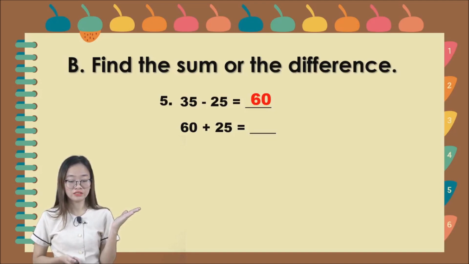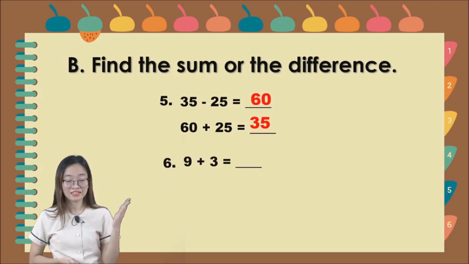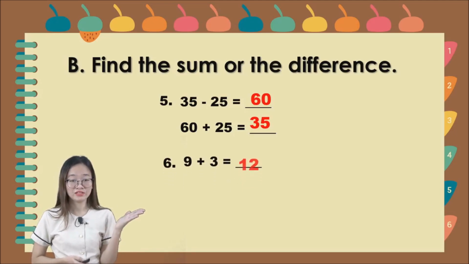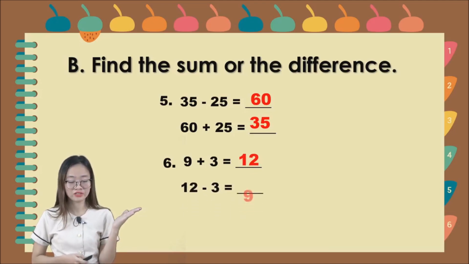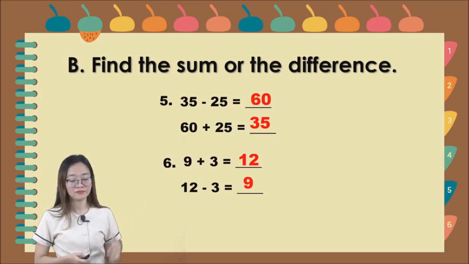Now, 60 minus 25 is equal to 35. Never mind the sign, kids. Okay, so we have 9 plus 3 is equal to 12. And 12 minus 3 is equal to 9.